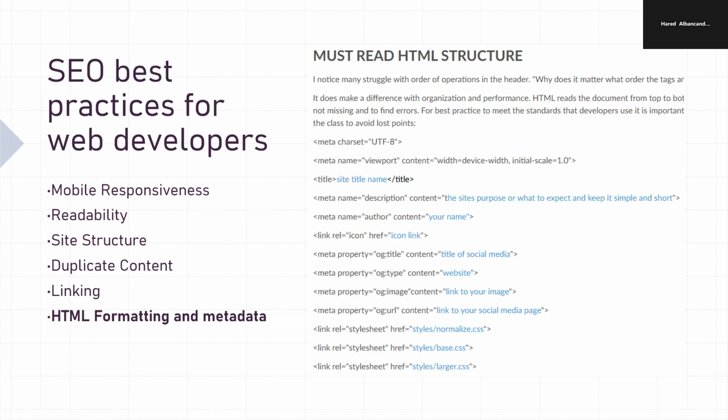Duplicate content: we need to make sure we're not having multiple join options across the whole website, but only in those locations where I really need them. And linking: make sure all external and internal links work. I don't like it when small websites have links that don't work. It's really, really bad.